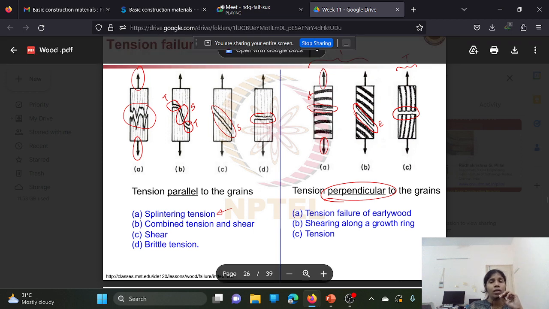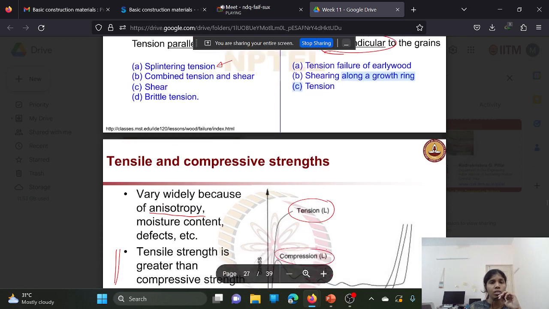And when the tensile load is applied perpendicular to the grains, you can see tension failure of early wood, shearing along a growth ring, and a tension failure. So these are the different failure modes.